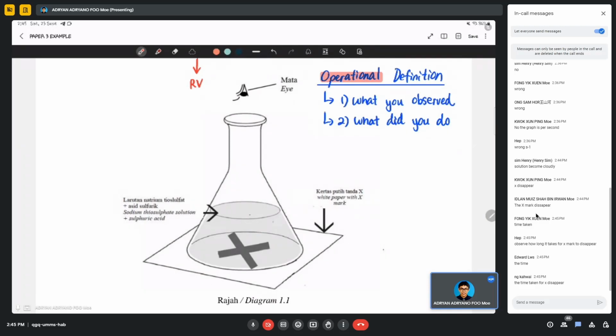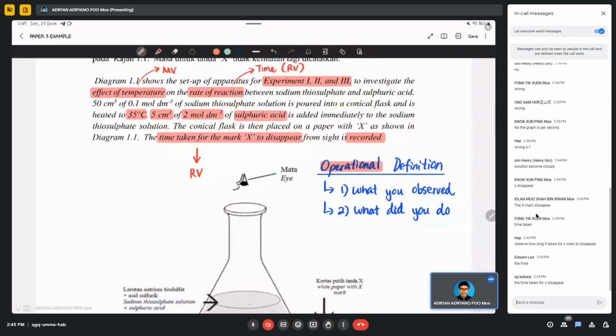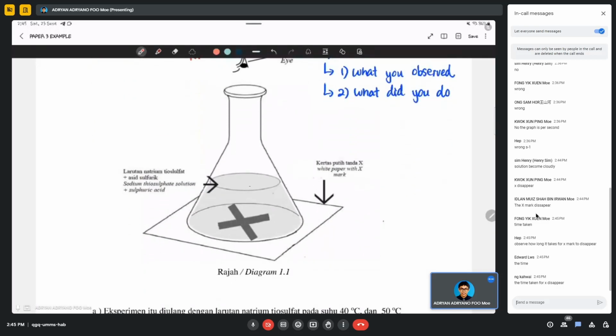So what did you do? What did you do in this experiment? Look back at the question. 5 cm cube of 2 mole per decimeter cube of sulfuric acid is added to the sodium thiosulfate. That is what you do. So, maybe I will add this question.